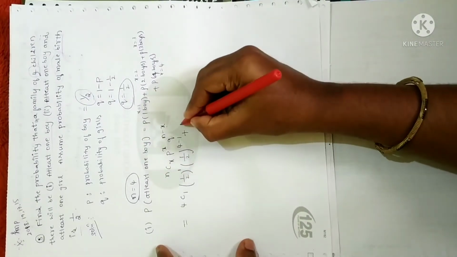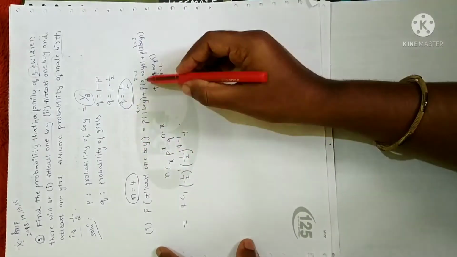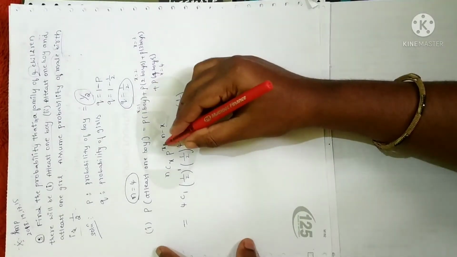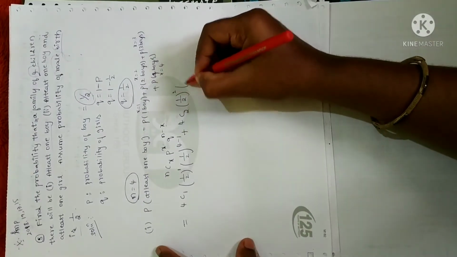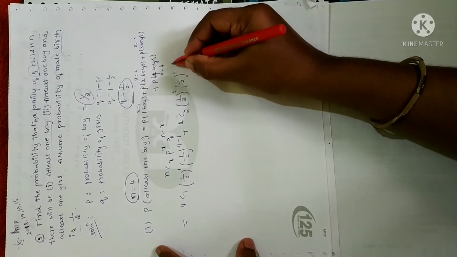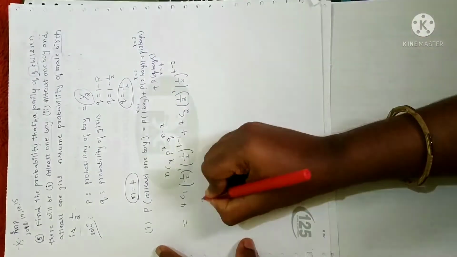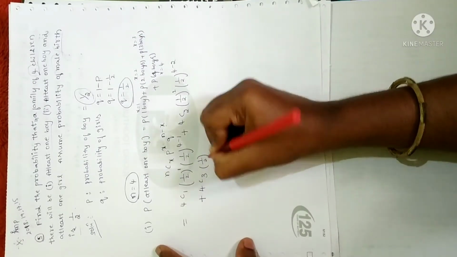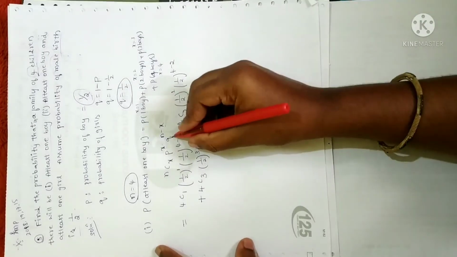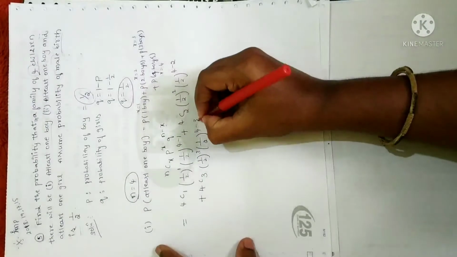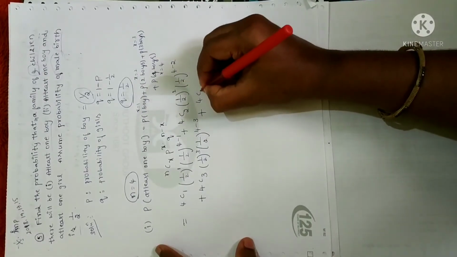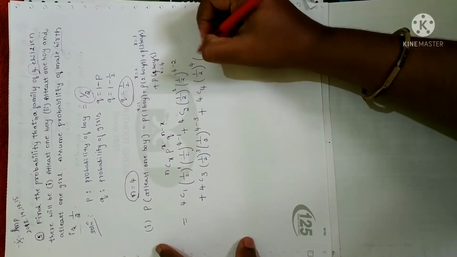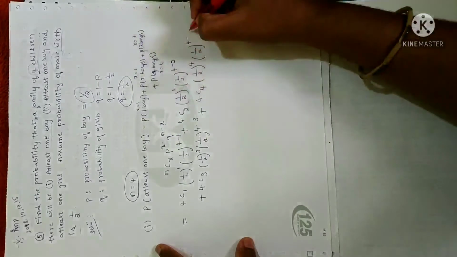For the next one, n is 4, x is 2, so 4C2, 1 by 2 power of 2, into q is 1 by 2 power of 4 minus 2, plus 4C3, into 1 by 2 power of 3, into 1 by 2 power of 4 minus 3, plus x is 4 here, so 4C4, 1 by 2 power of 4, into 1 by 2 power of 4 minus 4.